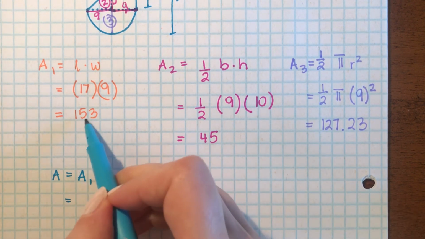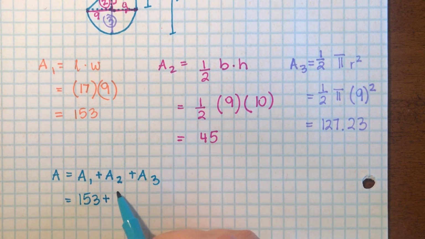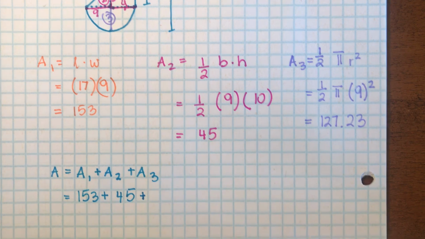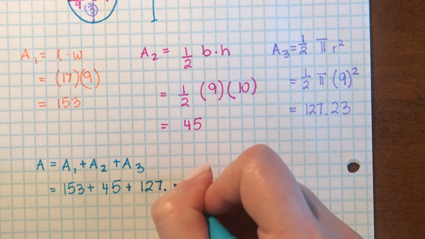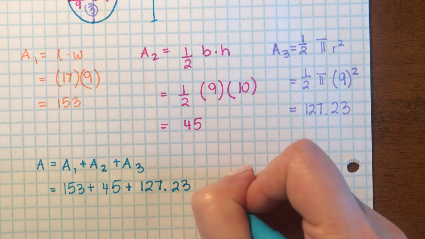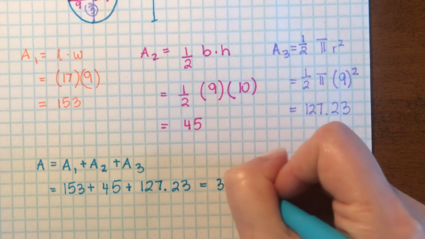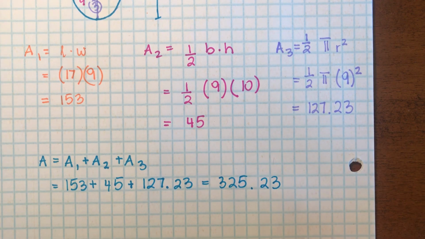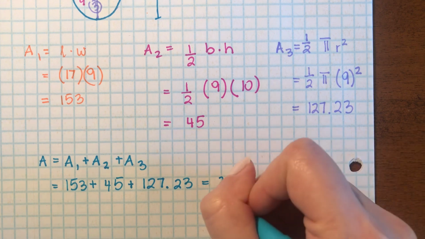Area 1 was 153, plus area 2 was 45, plus area 3, the semicircle, is 127.23. When you add all these areas together, you should get 325.23. And again, because we're talking about area, our units have to be squared. Our units in this case were feet. So feet squared. And that's your final answer.